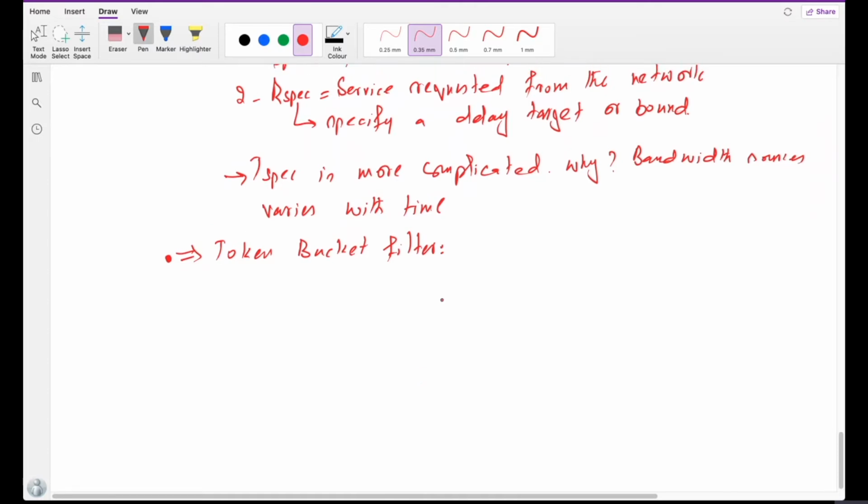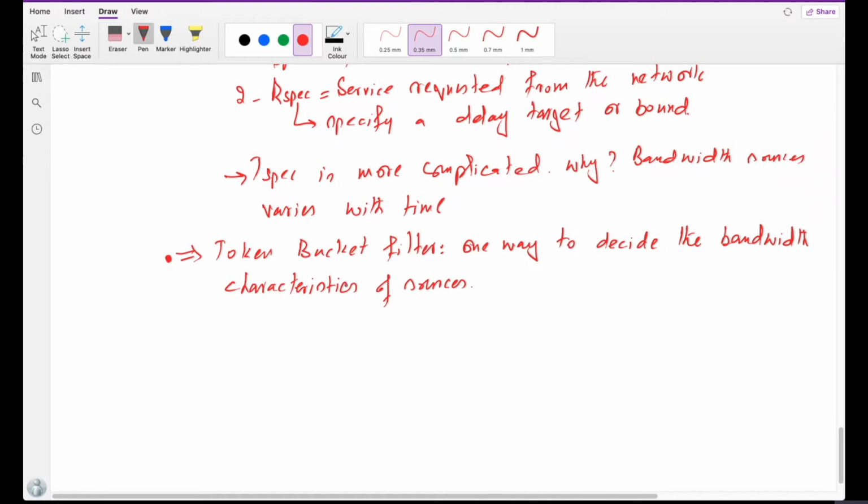All right. So this token bucket filter is one way to describe the bandwidth characteristics of our network sources.